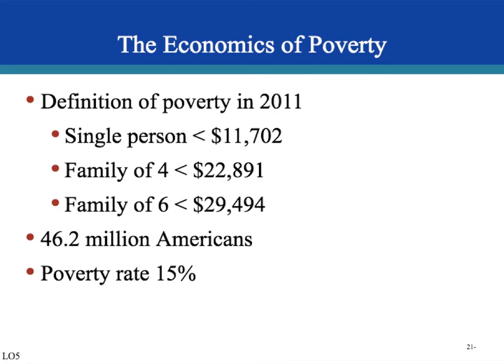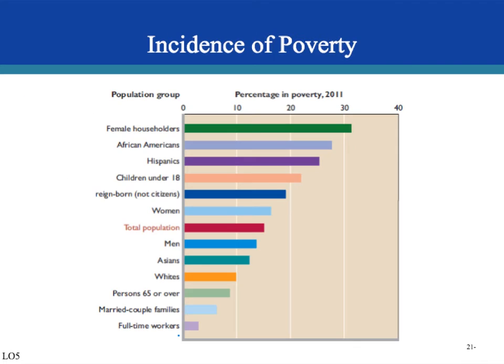So definition of poverty in 2011, okay, a single person making less than $11,702 a year, family of 4 less than $22,891, and family of 6 less than $29,494. So in 2011, about 46.2 million Americans were living in poverty, so the poverty rate was 15%.